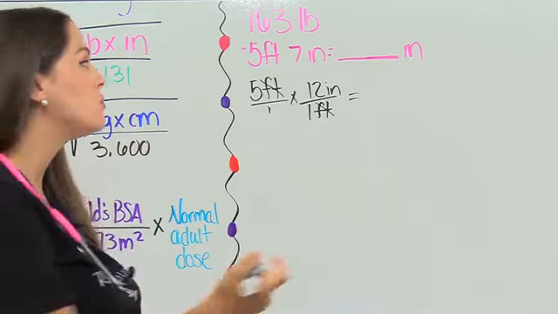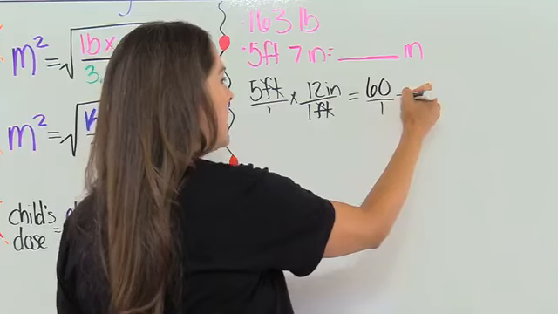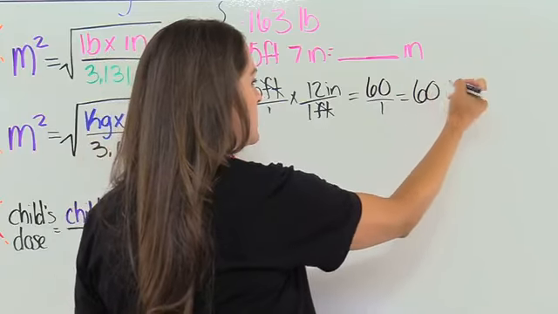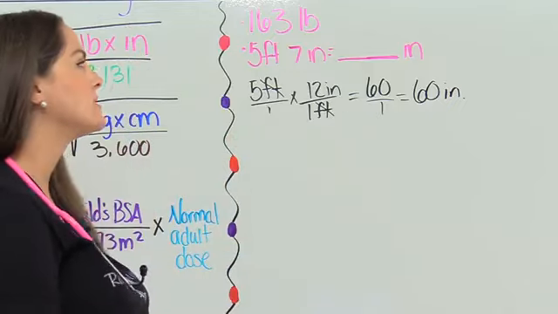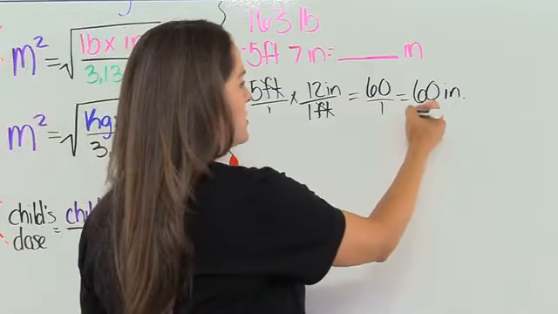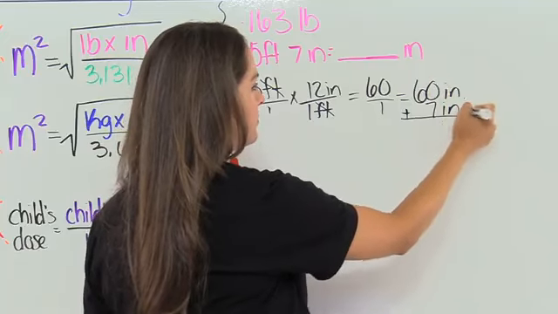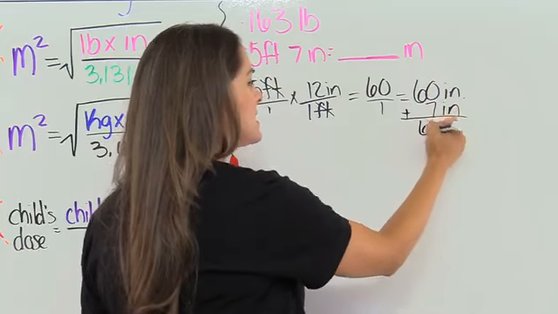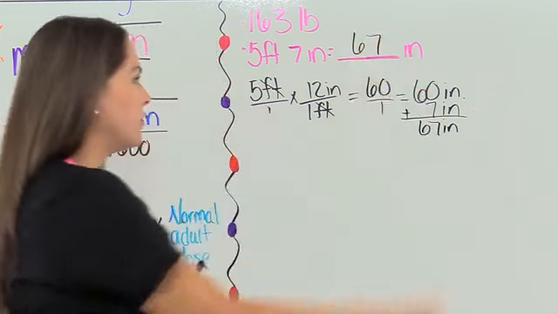So 5 times 12 is 60. 1 times 1 is 1, and that converts to 60 inches. Now, the patient still is a little bit taller than that. They're 7 inches. So we're going to just simply add that leftover 7 inches. 60 plus 7 is 67. So our patient is 67 inches total.